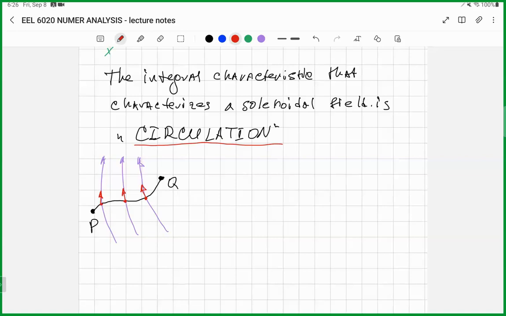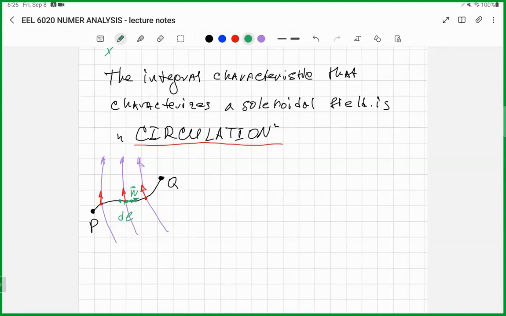In order to introduce the path integral, I need to introduce the step. So let's say my step is dl, right? So this is the element of the path dl, and I'm moving in the direction of the unit vector n.